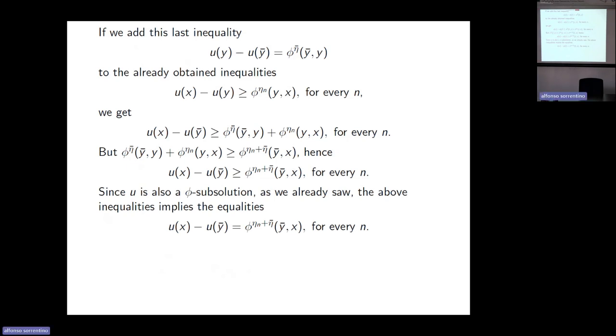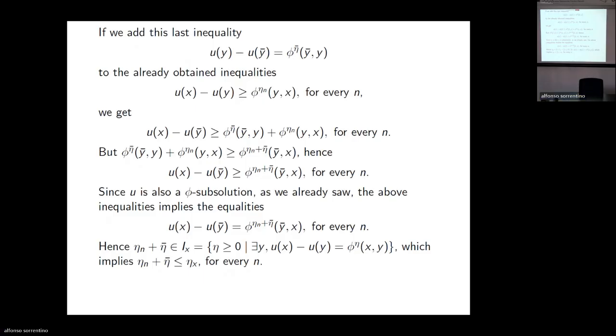That's what we said here. But this means then that eta n plus eta bar is in Ix. Okay? This is the definition of Ix. And therefore, eta n plus eta bar is less than eta x.